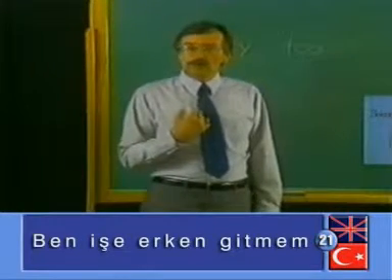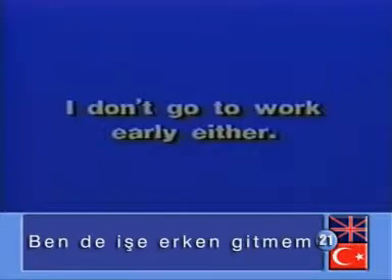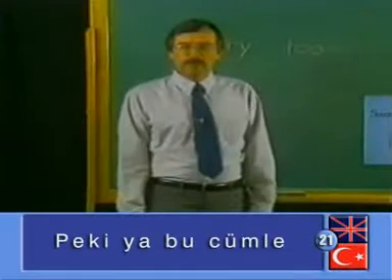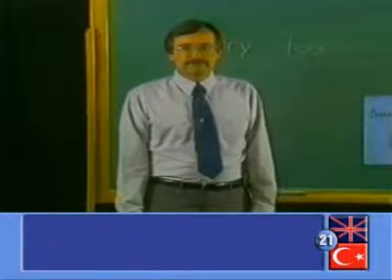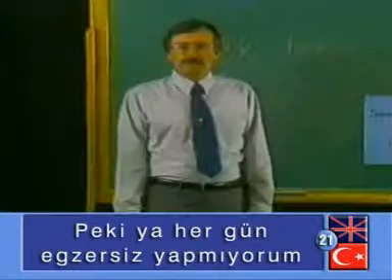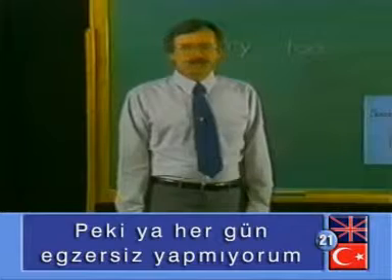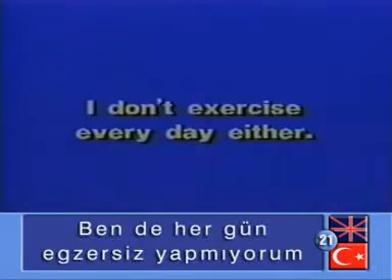I don't go to work early. You probably said, I don't go to work early either. How about this sentence? I don't like orange juice. You probably said, I don't like orange juice either. How about, I don't exercise every day. You probably said, I don't exercise every day either.